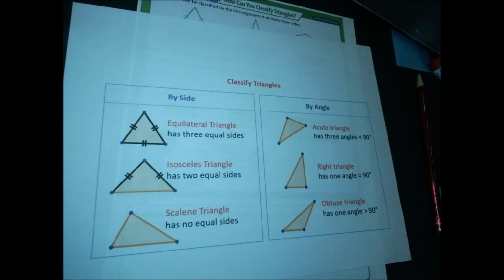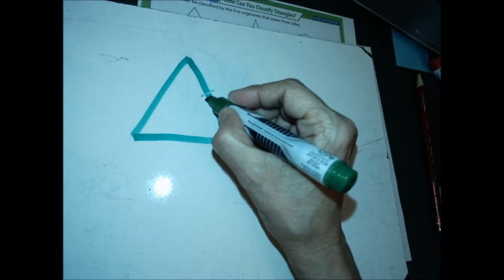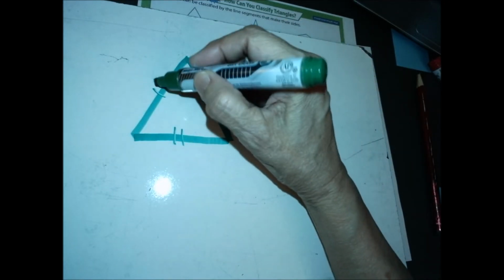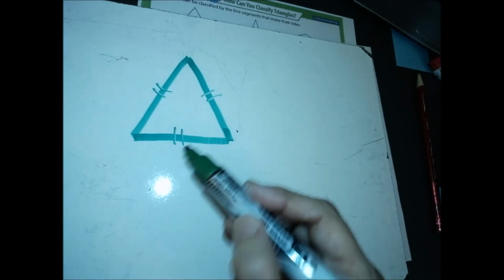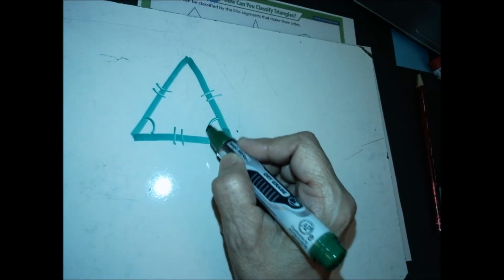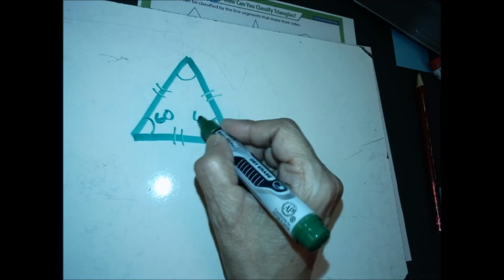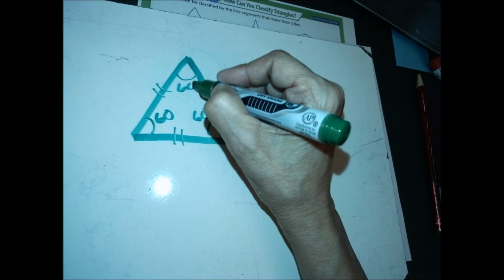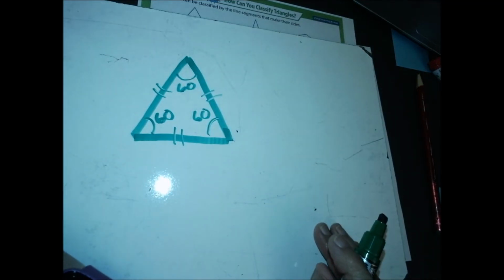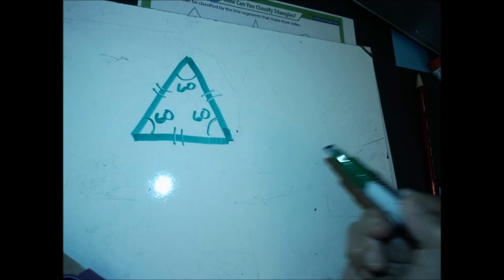So I'm going to take a look a little bit deeper into the equilateral. When we look at equilateral, we know that all 3 sides are equal, and this is the symbol to show that the sides are equal. But an equilateral is special. Because the 3 sides are equal, all its angles are also equal. And remember from your last lessons that all triangles, when you add up their angles, always come up to 180 degrees.